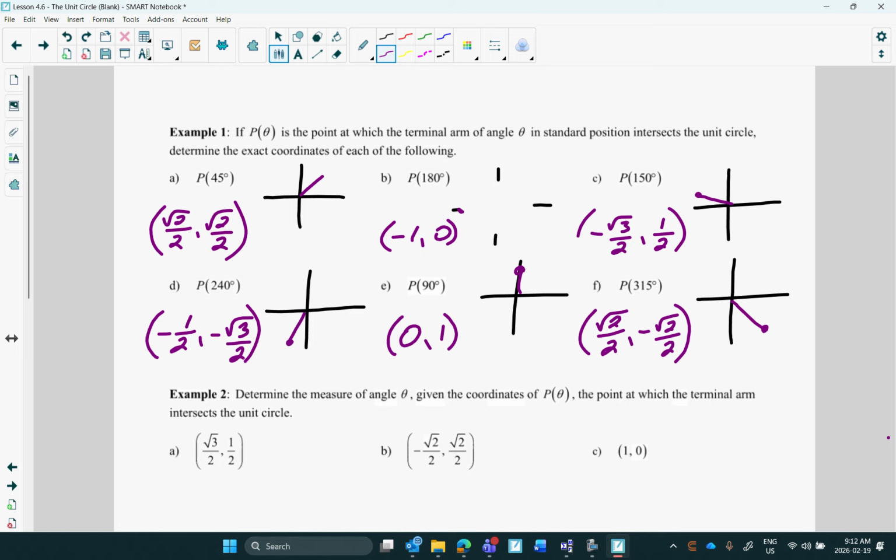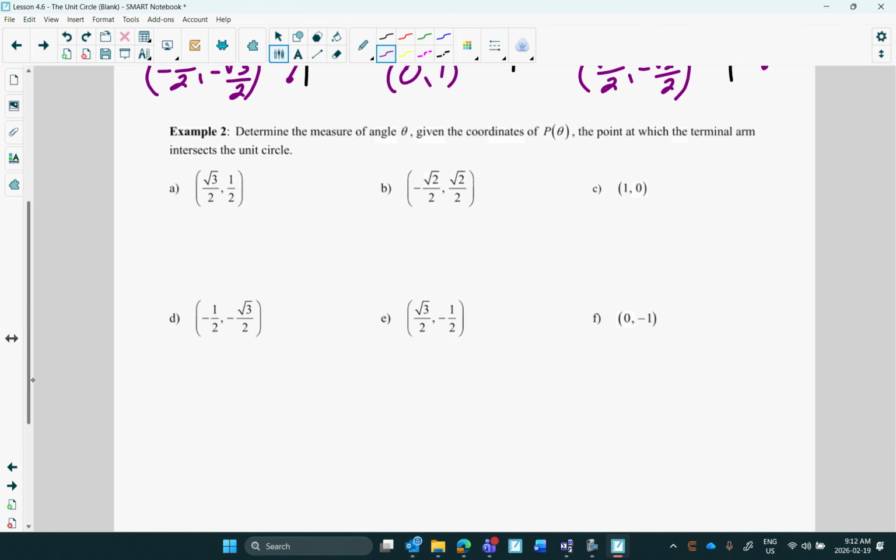Okay, so let's go the other way. You're given the point, you got to figure out the angle. Root 3 over 2, 1/2. 30 degrees. Because that's the one where it's the long and then the short.